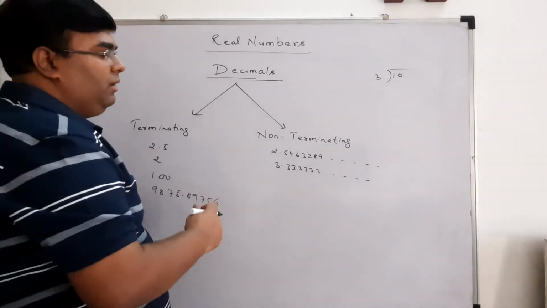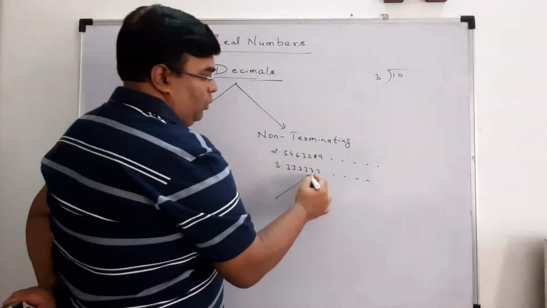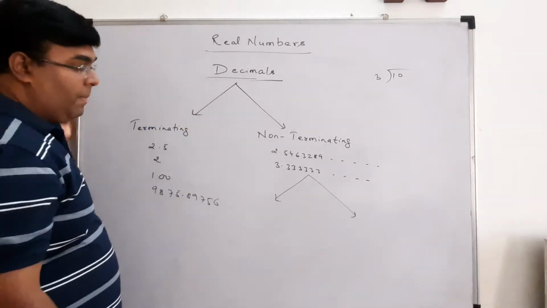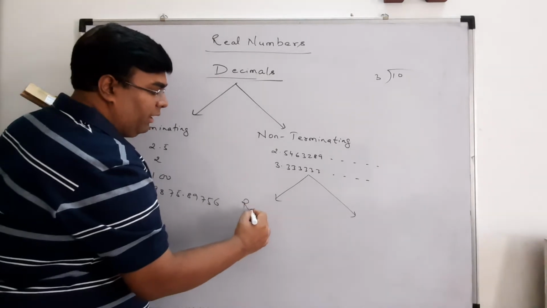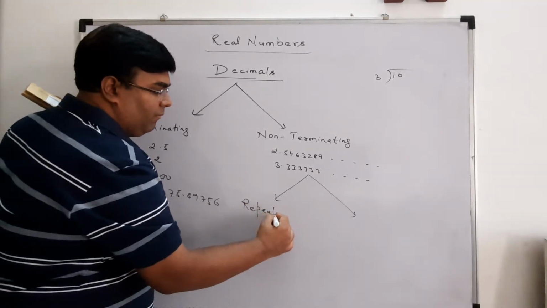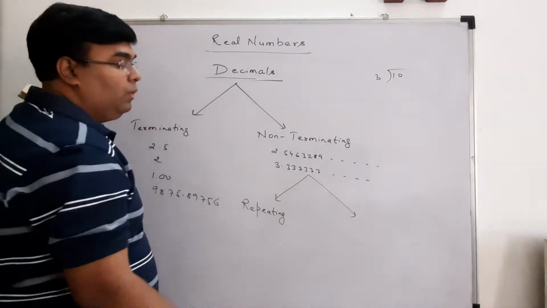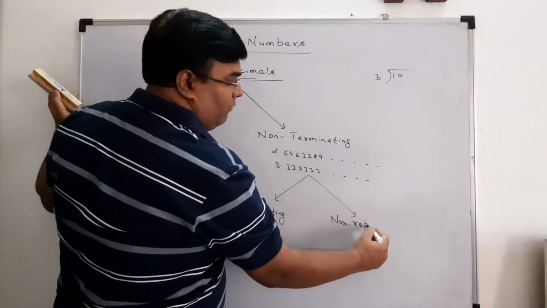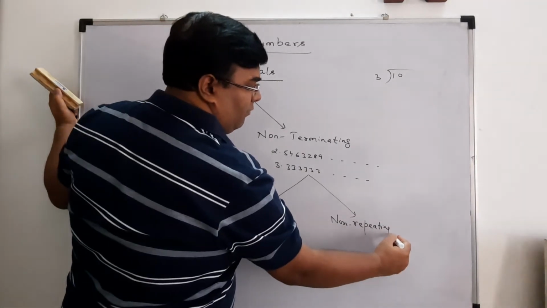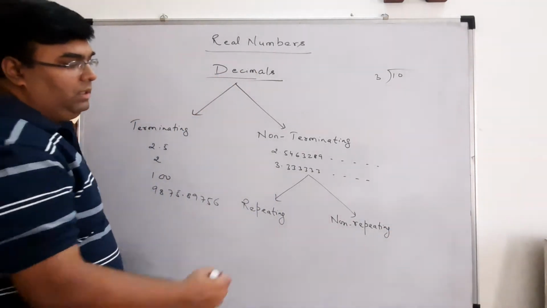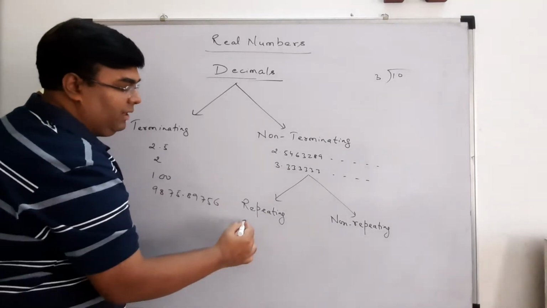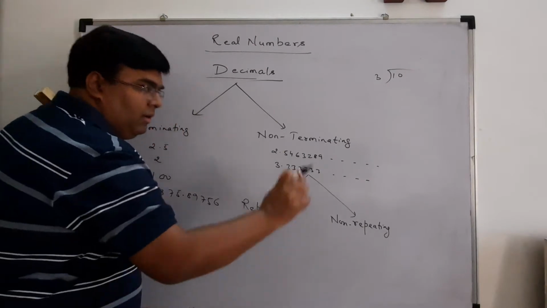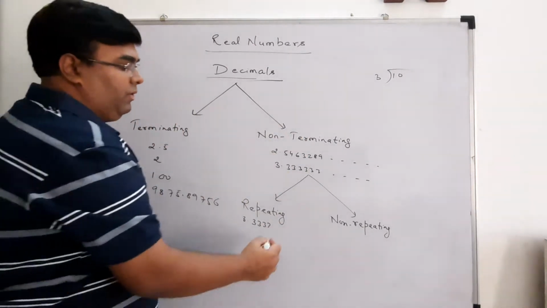Now non-terminating decimals are also of two types. One is repeating or recurring, and one is non-repeating. This example is of repeating, like 3.333, where 3 is repeated a number of times.